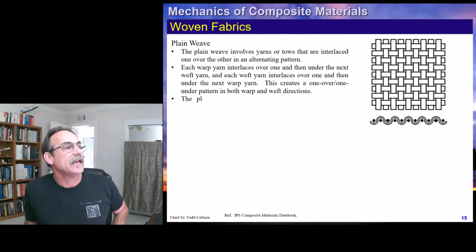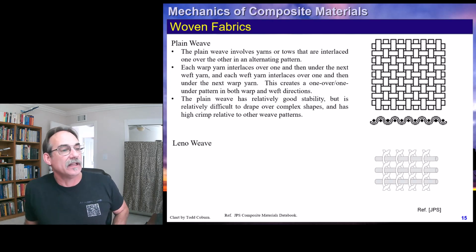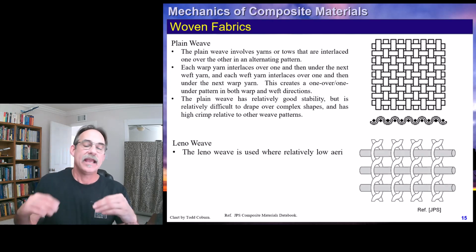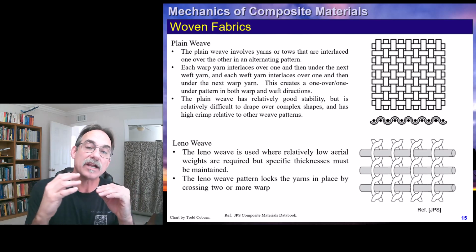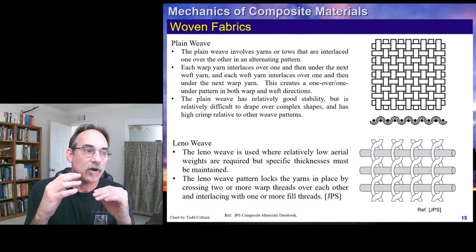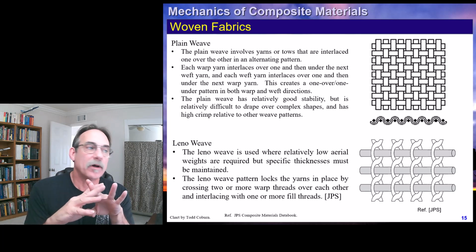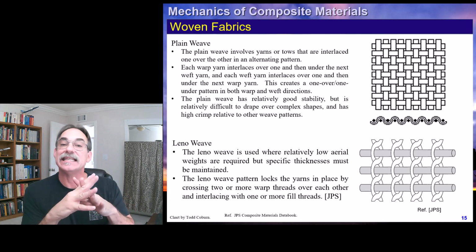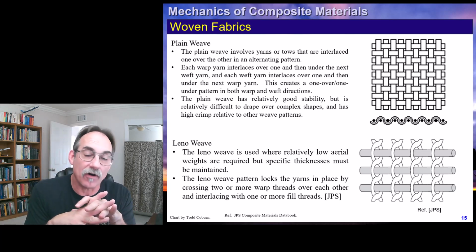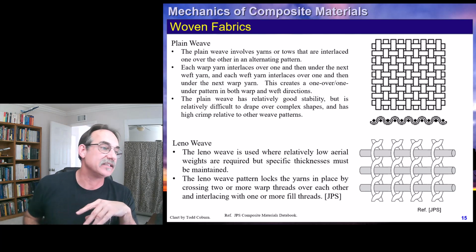And here's some information on that. The leno weave is kind of interesting. I probably should have put that first. That's like a unidirectional fiber, which then has some much smaller yarns in the weft direction tying those yarns together, but not necessarily giving the same properties.